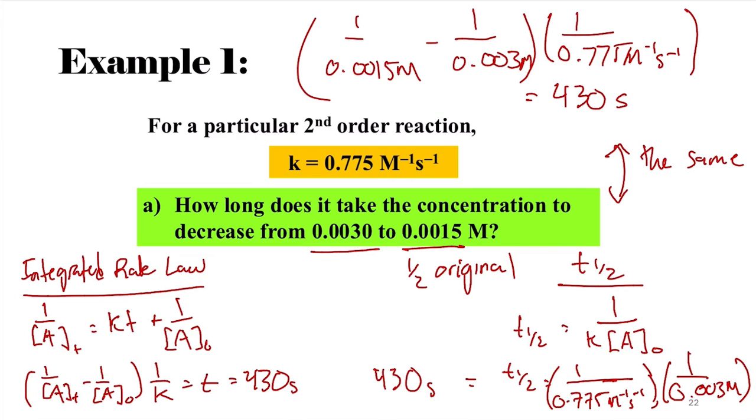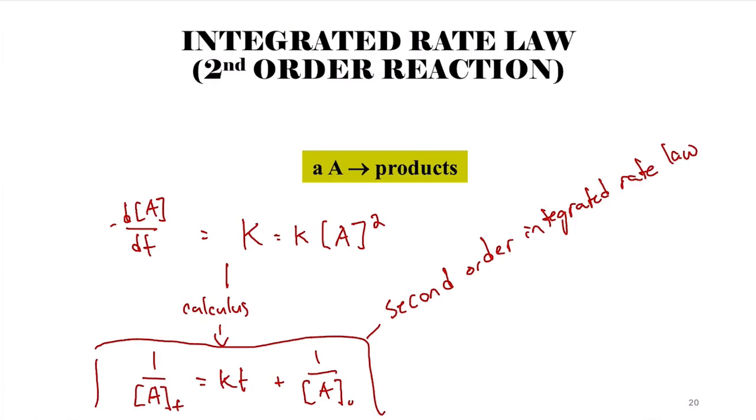Sir, I still don't understand why there's no negative sign in front of the constant for the integrated rate law. Why there's no negative sign in front of the constant? It has to do with the calculus. So if you go back here, remember, we integrate, well, it's separable, so this is an aside, so if you don't want to learn about it, you can tune me out right now, but it's minus dA over A squared equals k dt, so we can just bring the negative over to this side.